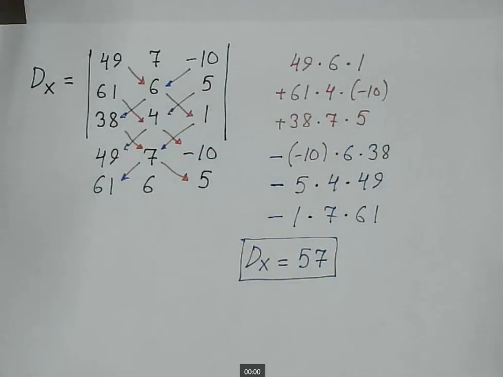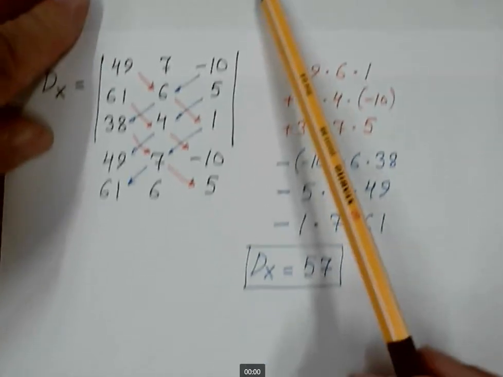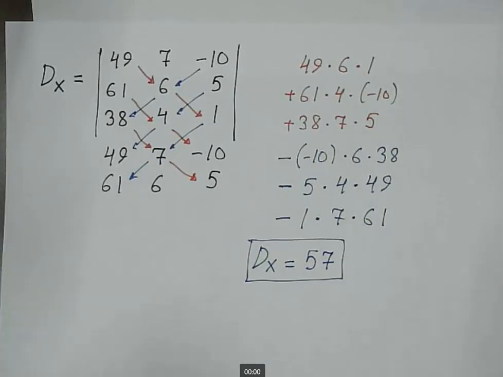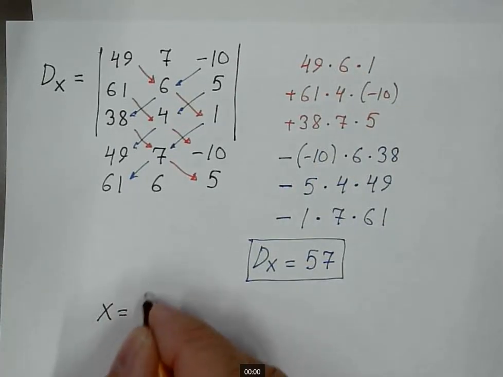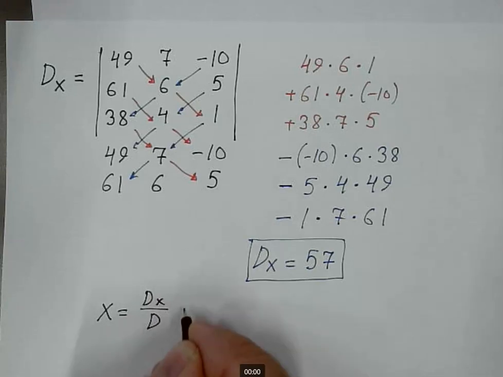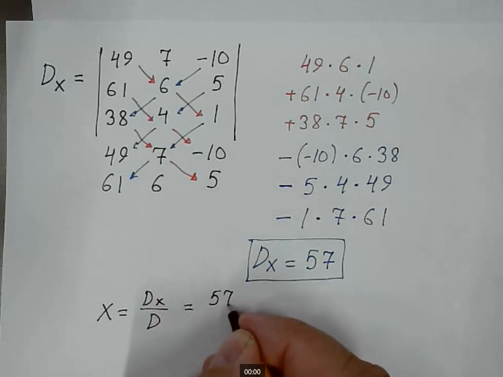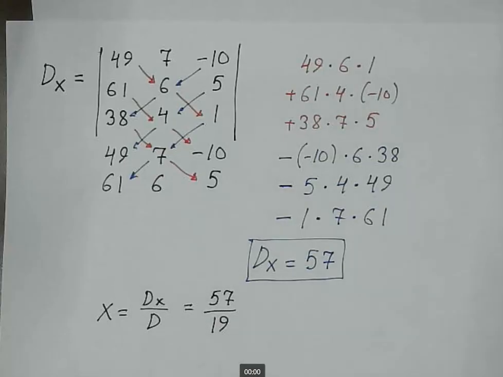And right now we know the value of dx, and we know the value of d, so the x will be dx divided by d, or 57 divided by 19.